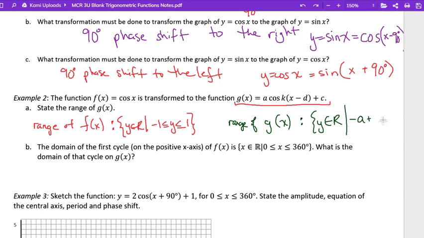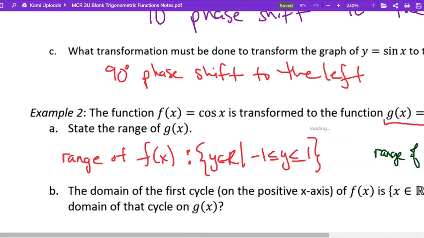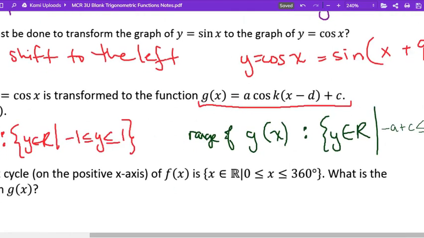-A plus C all the way to +A plus C. So the -A tells us sort of how low we go, but then we have to add the vertical translation.